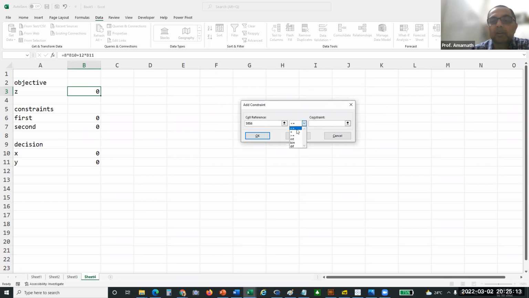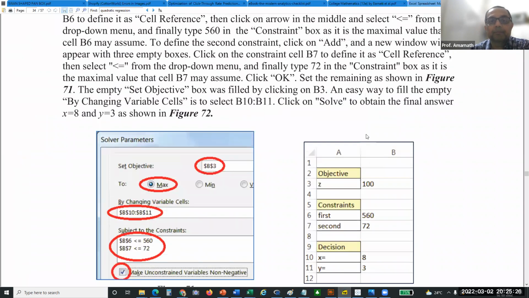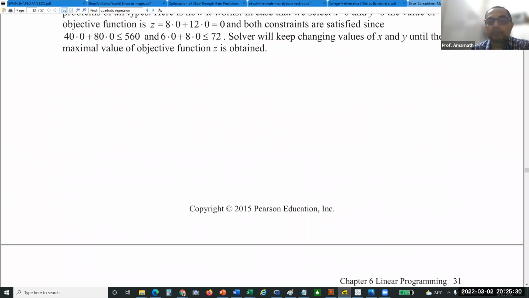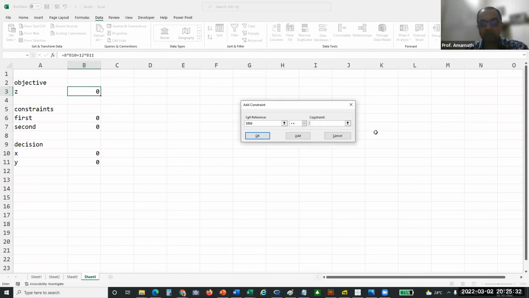I have less than or equal to, greater than or equal to, and other things and all is there. By default, I want to select less than or equal to. So what is my constraint here? So it was 560. And I will say add here.